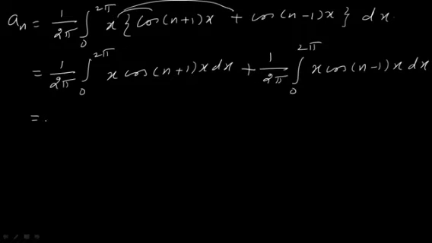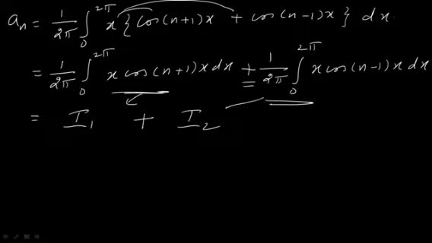Now I have to separately calculate these two integrals and substitute here. So I take the first integral as I1 plus the second integral as I2. So this is your an. Take this as equation A, uppercase A.